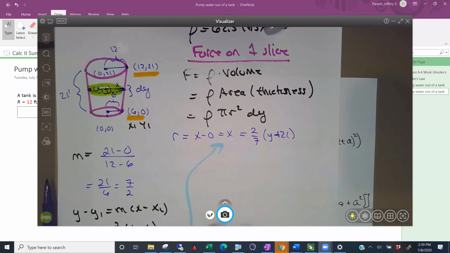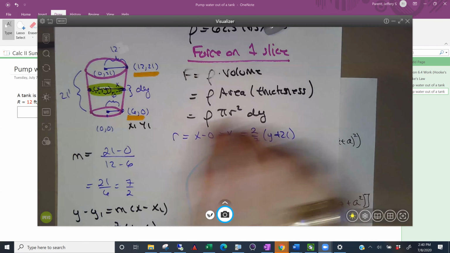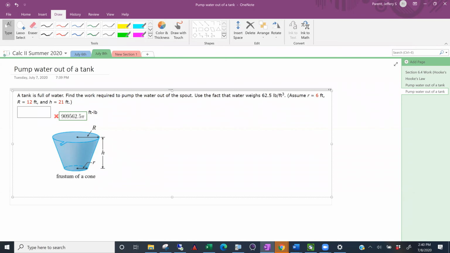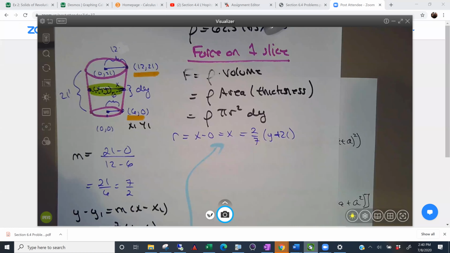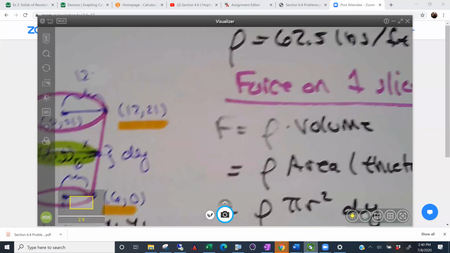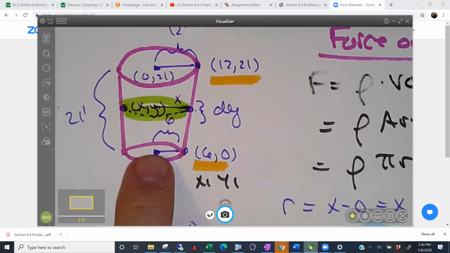Well, I had to figure out which points to use, because they didn't give us that to begin with. If you look back at the chart they gave us, they told us what those two values of r were, 6 and 12. Agree? All right, so let's take a look at what I did here. I said I'm going to make the center of my glass the point 0, 0.